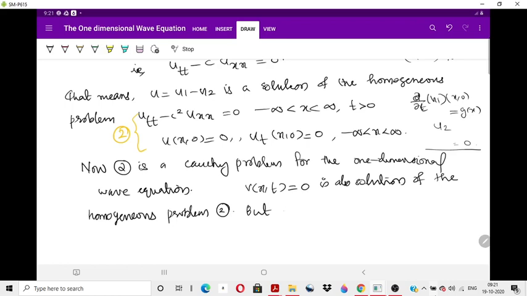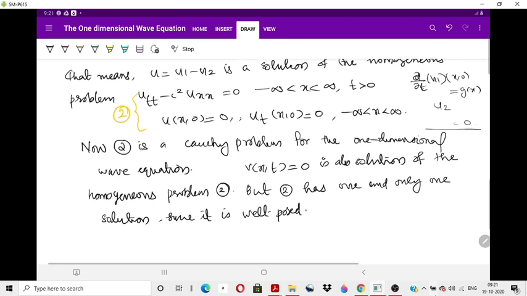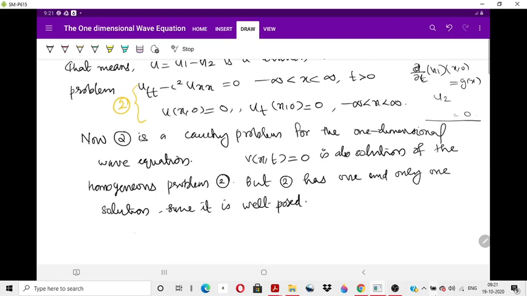But equation 2 has one and only one solution, since it is well posed, this we have already proved. So both the solutions will be equal, therefore u1 minus u2 equal to 0, which implies u1 equal to u2.